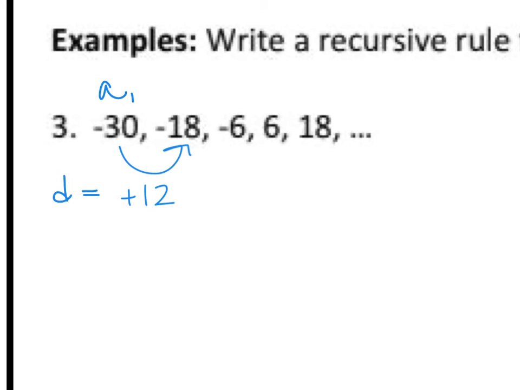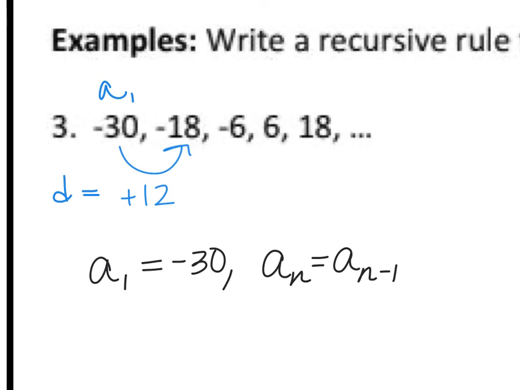Okay, we're going to plug in. To write a recursive rule, we're just going to follow what's in that box there. You will say the first term, A1, is negative 30. It's like you're writing a little sentence for me. To get a next term, take the previous term and add what? 12.